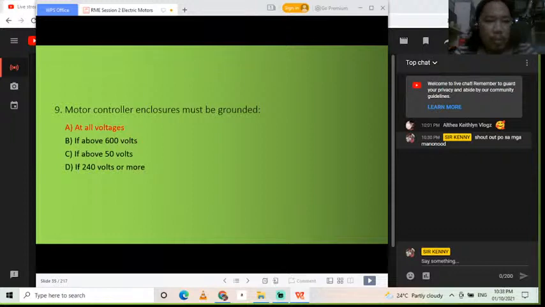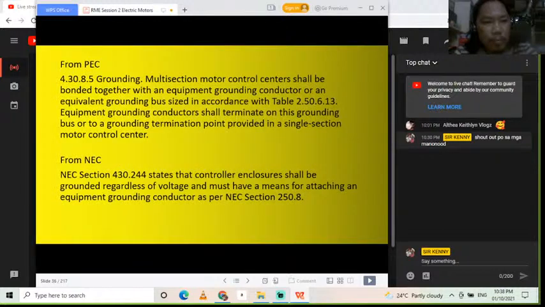At all voltages. So, saan po natin makikita yan? So, from Philippine Electrical Code, Article 4.30.8.5, grounding. Multi-section motor control centers shall be bonded together with an equipment grounding conductor or an equivalent grounding bus size in accordance with Table 2.50.6.13. Equipment grounding conductor shall terminate on this grounding bus or to a grounding termination point provided in a single section motor control center.